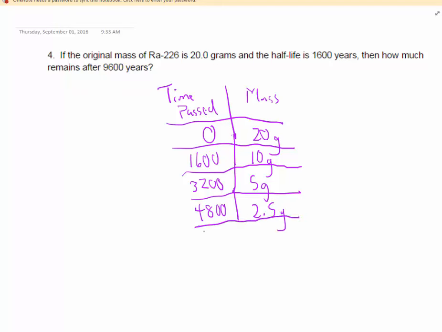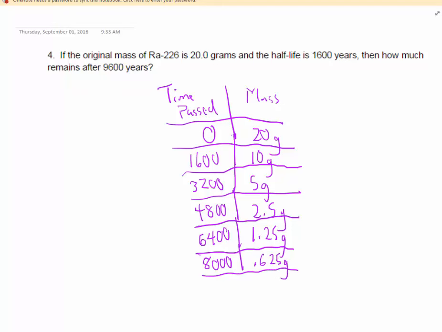And then another 1,600 years go by, and that puts us at 6,400 years that have gone by, and we're down to 1.25 grams. And then another 1,600 years go by, and that puts us at 8,000 years that have passed, and we're at 0.625 grams remaining.